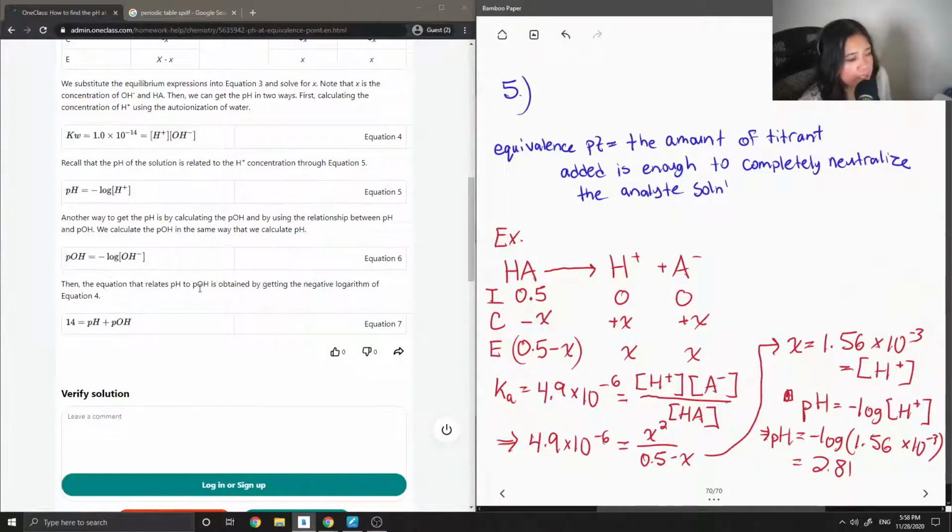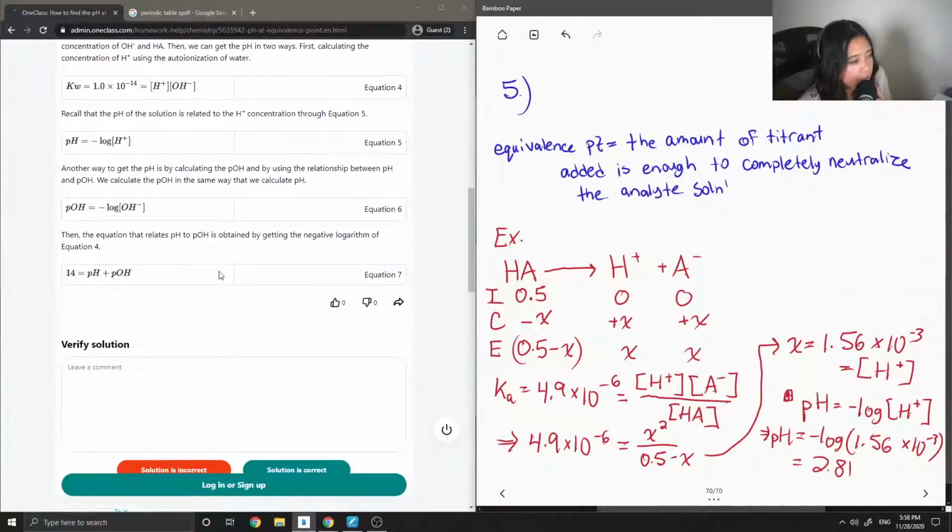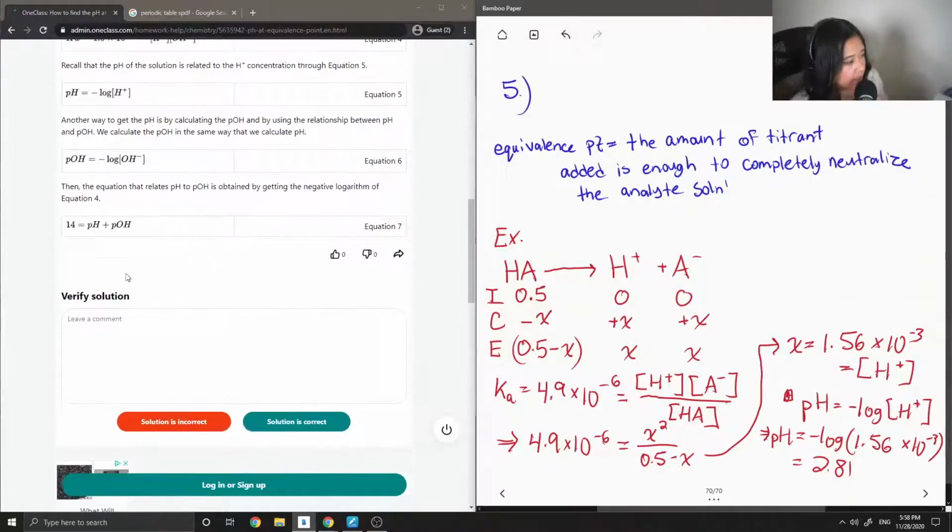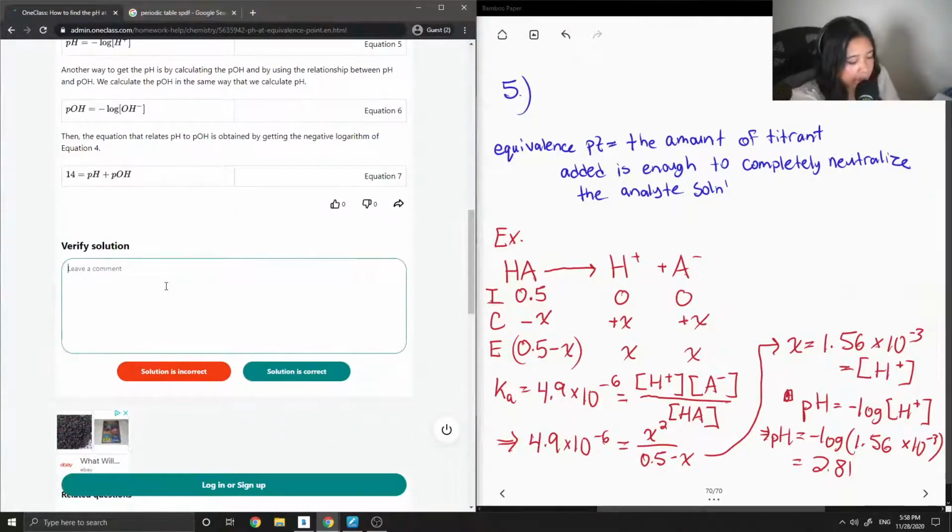Then the equation that relates pH to pOH is obtained by getting the negative logarithm of equation 4. And you can double check your answer by seeing if pH plus pOH is equal to 14. But basically this solution is correct.